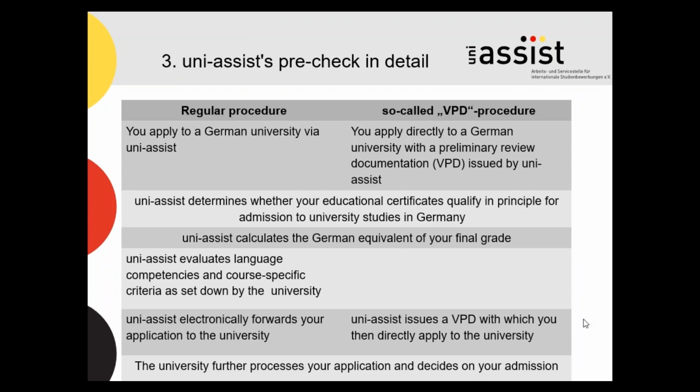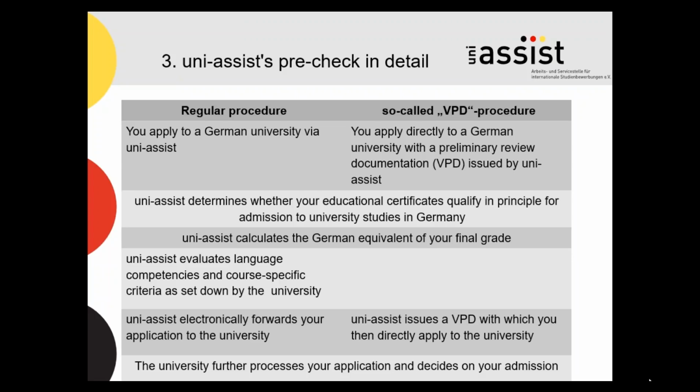If you apply via the regular procedure, we forward your application to the university electronically. In case you use a VPD, we will issue that document to you and you then apply directly to the university. The university will then further process your application and decide on your admission.